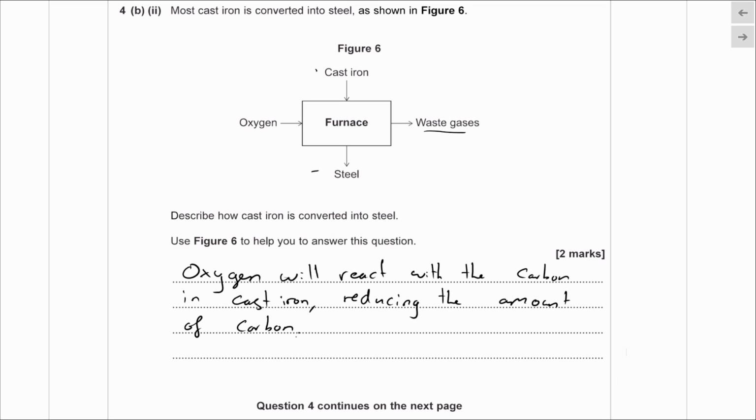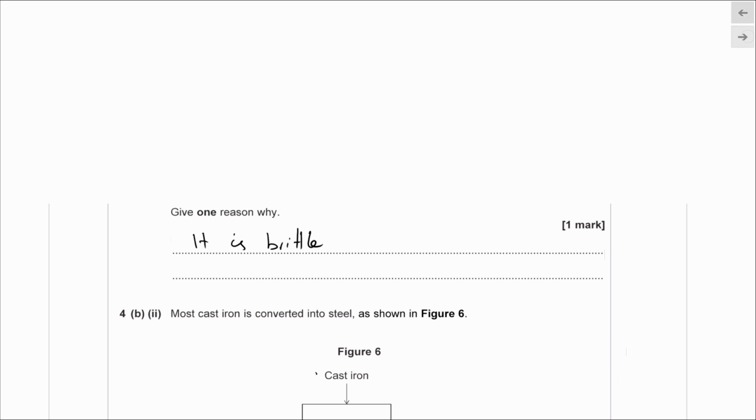Okay, so you reduce the amount of carbon. This waste gas that's given off is of course going to be carbon plus oxygen makes CO2. Alright, so you could put that in there as well. That reacts to form carbon dioxide, and carbon dioxide is released. Alright, but that's more than enough for the marks on that part of the question.